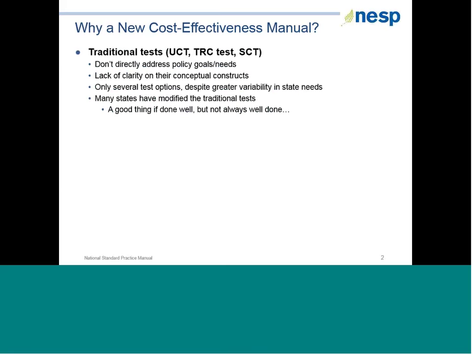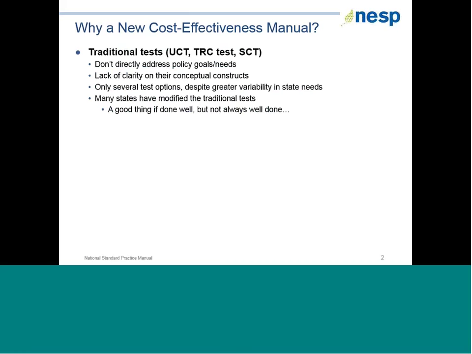One of the reasons is that the traditional tests that have been used in the past, the utility cost test, total resource cost test, societal cost test, there are several issues with those. They don't address policy goals, not directly. There's often a lack of clarity on their constructs and how they should be used.